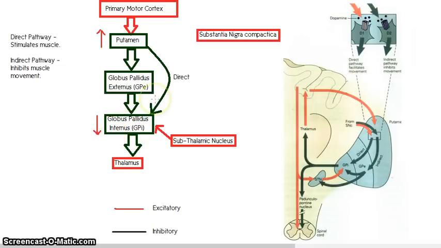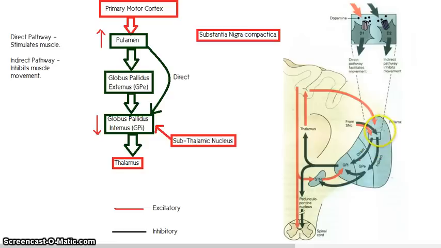This is where people can get confused, because there are some double negatives going on here. By the primary motor cortex increasing the putamen's activity, it's increasing an inhibitory stimulus. This increase in the inhibitory stimulus decreases the activity in the globus pallidus internus.